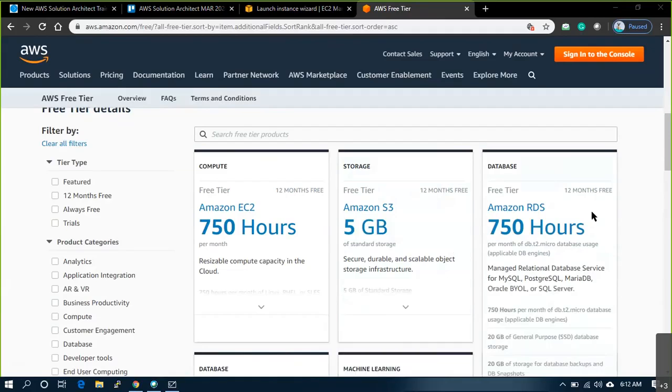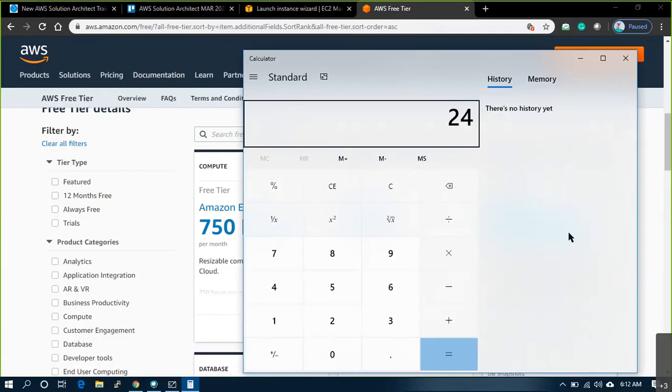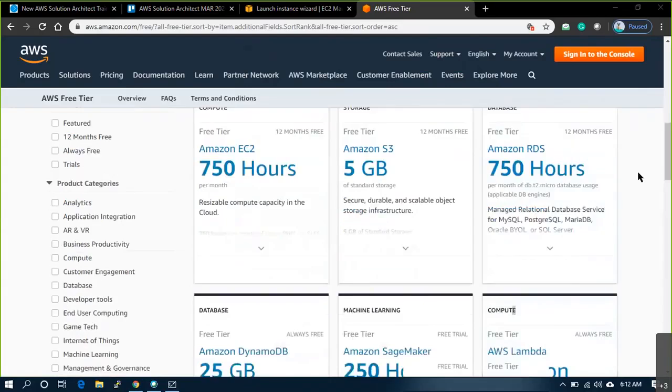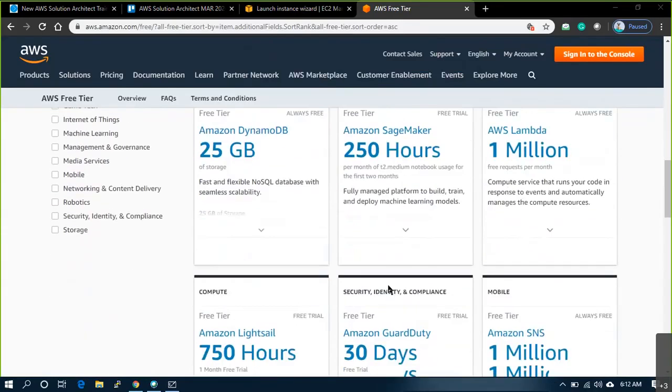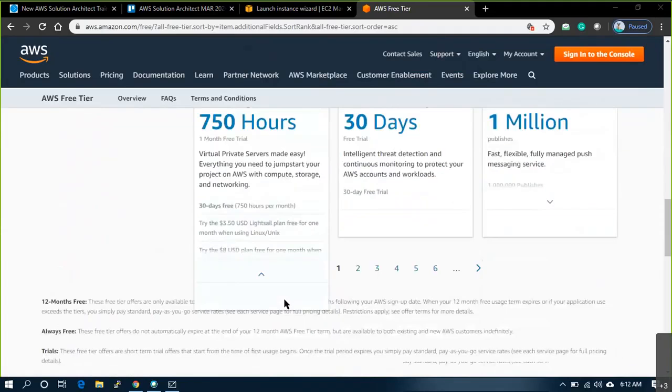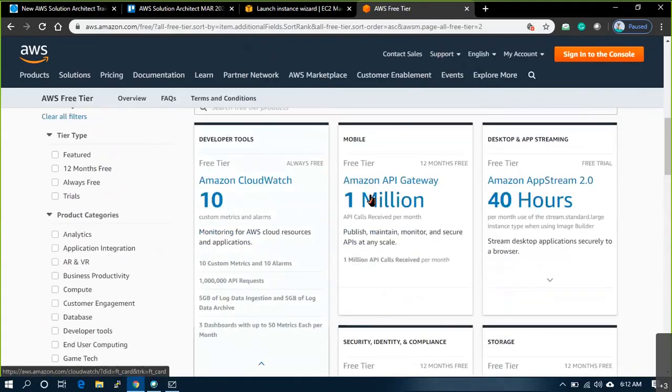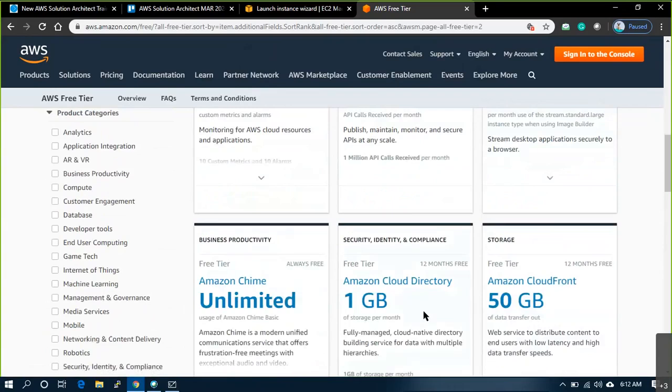Okay, and RDS again 750 hours. 750 hours means 24 hours into 31 days, 744, and some overhead, so rounded to around 750 hours a month. Okay, and you have a lot of these components, each with its own applicable free tier. CloudFront, you can send 50 GB of data.